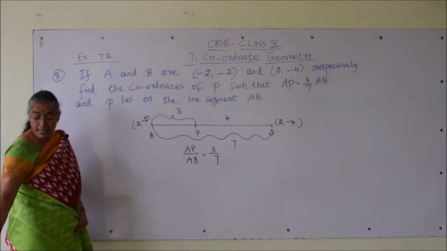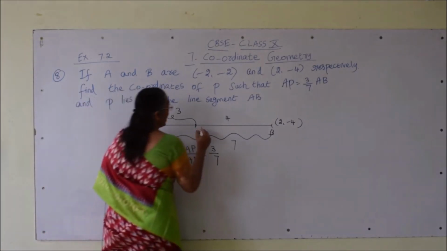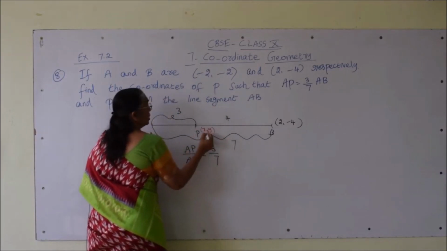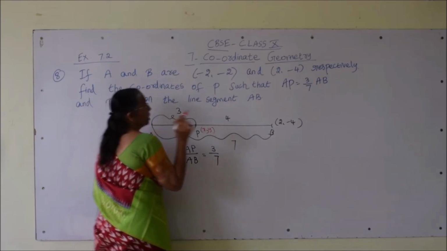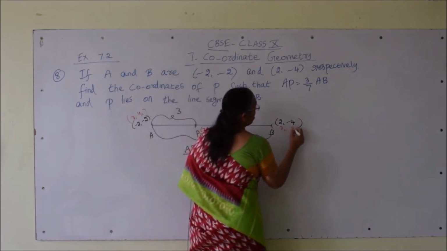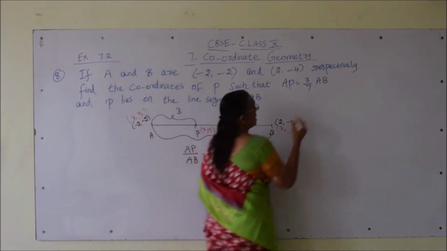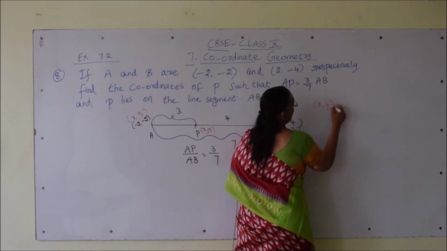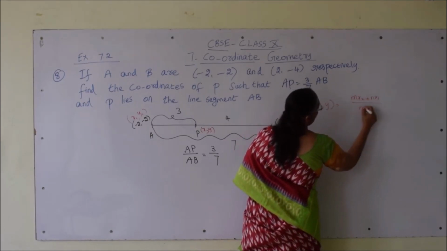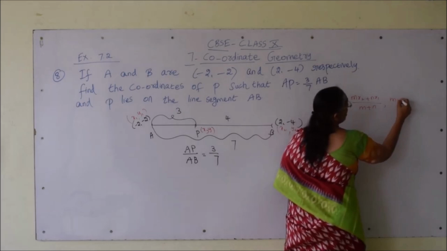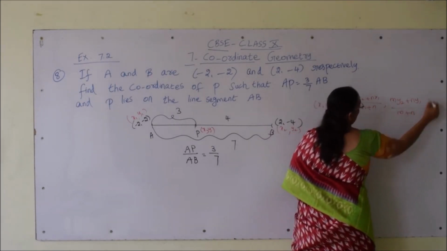So, the formula is, suppose the point P is (x, y), and this is (x1, y1) and this is (x2, y2), then the coordinates of P (x, y) are given as (mx2 + nx1)/(m + n), (my2 + ny1)/(m + n).